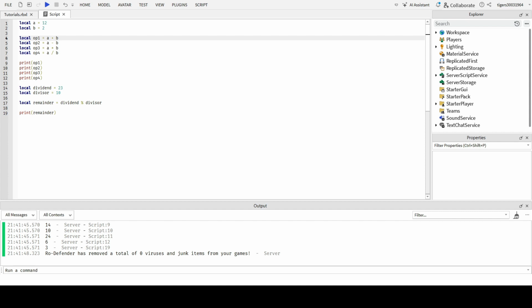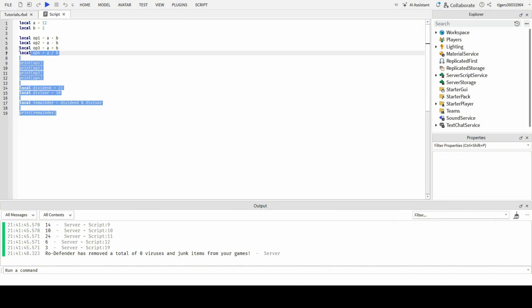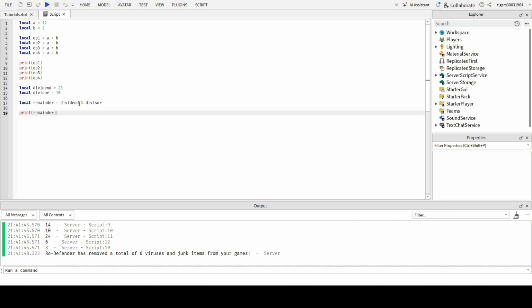Don't sleep on modulo, please. It is useful. You can use it in visual effects, in combat, in weather systems, in basically anything. It's a very nice maths function, so try to understand it. Try to understand all this arithmetic, even if you don't know modulo yet. Go and learn it.